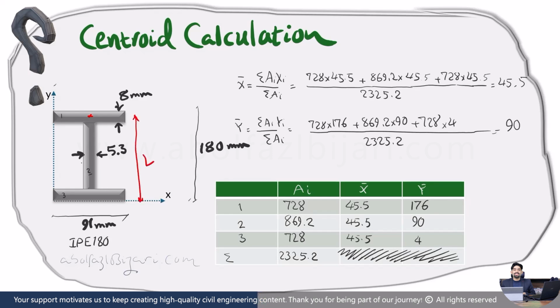The first one is about 8, and the next one is about 164, and the third one, half of this one, 8 divided by 2 is 4. 134 plus 4 plus 8.